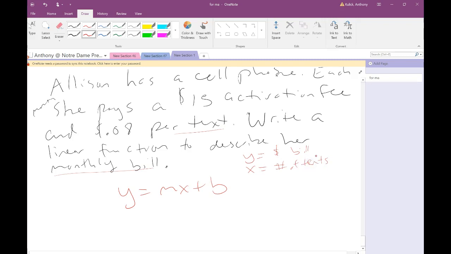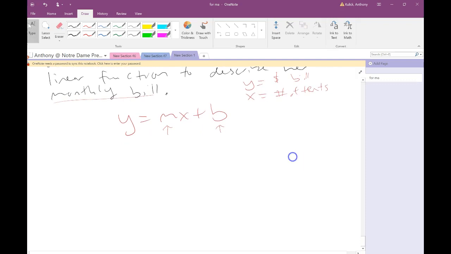Okay. So to write this equation, then, we need to find the value for m and a value for b. So remember that the b value is the y-intercept. This is the point where the x-coordinate is 0, and the y-coordinate will be b then, right?